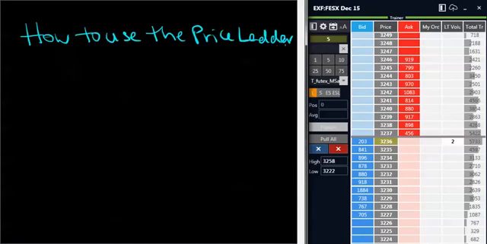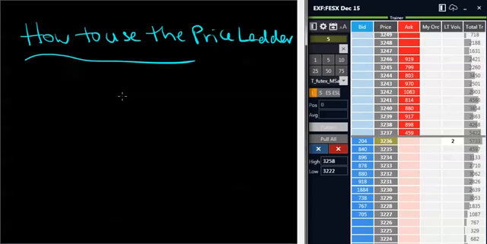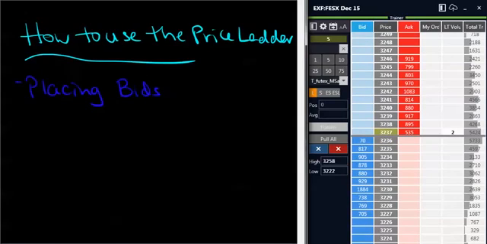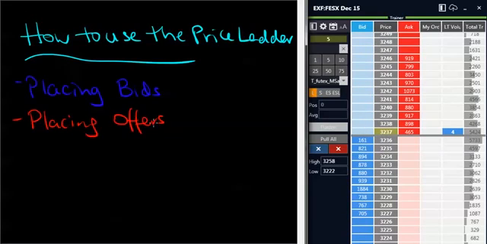In today's lecture series, what we want to be covering predominantly is how we're going to be placing bids, how we're going to place offers into the marketplace, and then we're also going to be looking at how to cover trades.